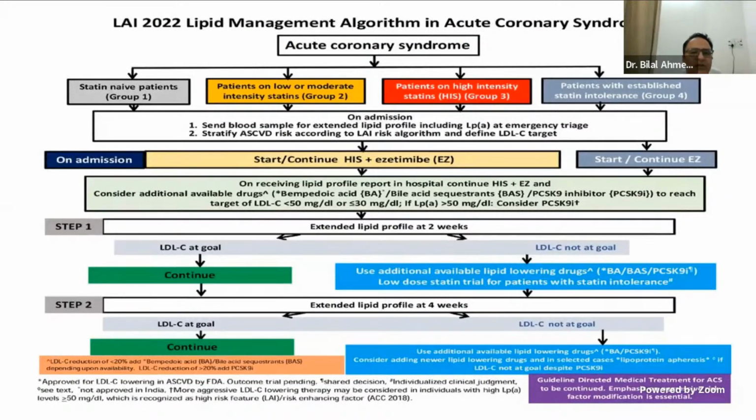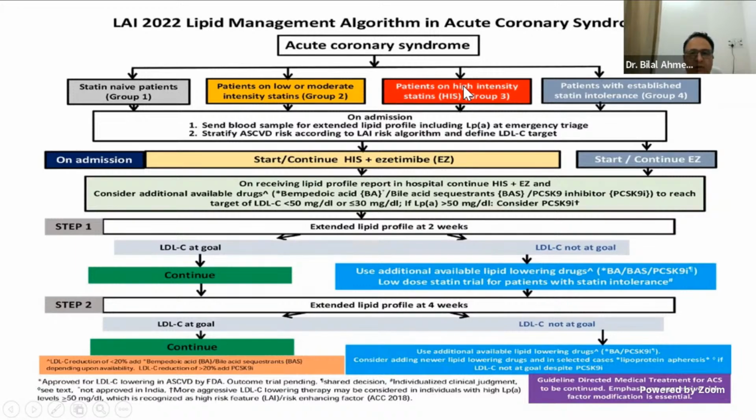The Lipid Association of India in 2020 has given an algorithm for ACS. They have used certain groups: the statin naive group, group 1, on admission, with a blood profile and monitoring of their LDL-C levels or lipoprotein A levels. Patients with low to moderate intensity statins are to be given those.